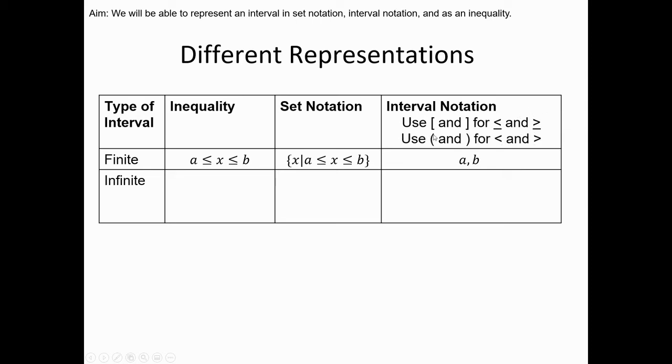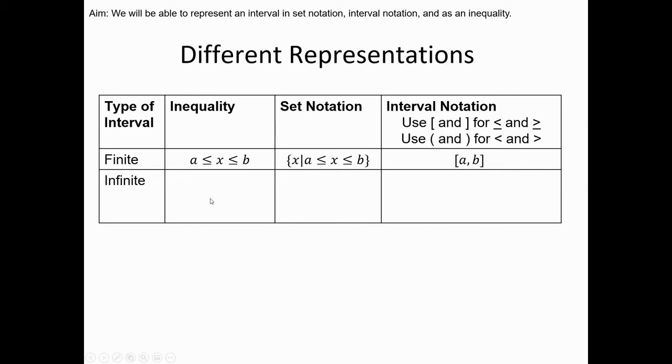And they would use these soft round brackets for if it doesn't include the a and the b. So in this case, because we're including a and b, we would have a hard bracket here and a hard bracket here. And that's interval notation. If anyone looked at this, they would know you're talking about from a to b. And so you might prefer that more because it might be simpler.